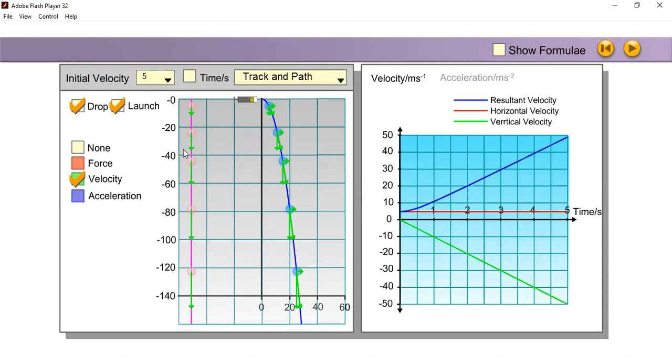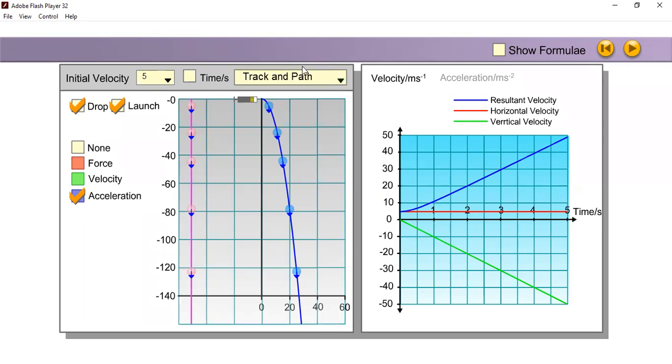The dropped object just has a downwards velocity. But here there will be horizontal and vertical velocity, and there will be a resultant velocity. How about the acceleration? The acceleration for both is always going down.